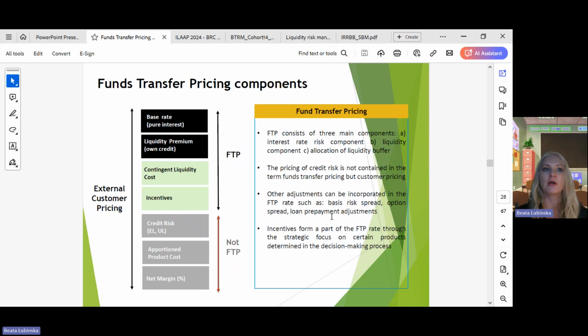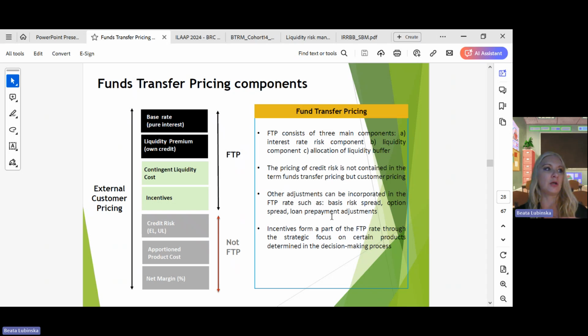If you have a 5-year fixed rate asset product, which has interest rate risk because it is repricing within the next 5 years, the repricing frequency will be proxied by the swap curve, and you will allocate the 5-year swap curve tenor as the FTP base rate component.